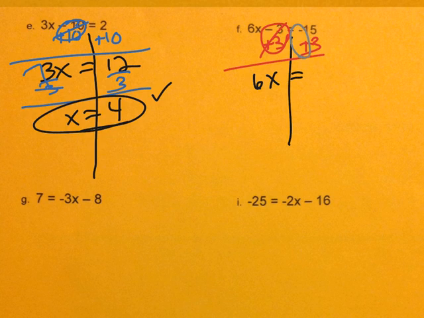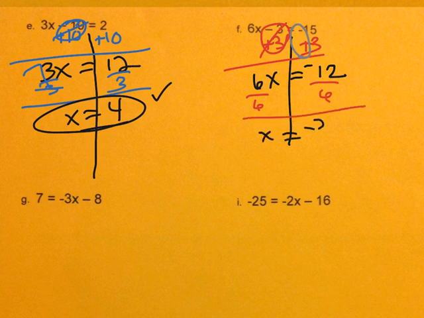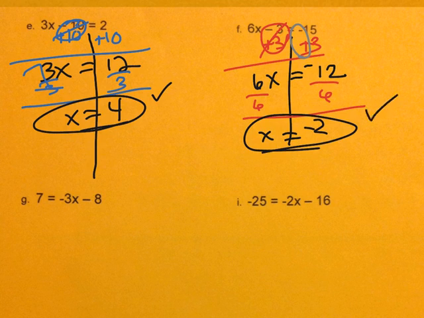So since they're opposites, I am going to subtract. 15 minus 3 is 12, and I had more negatives than positives, so it's going to be negative 12. Then I'm going to divide both sides by 6, and that leaves me with x equals negative 2. 6 times negative 2 is negative 12, and negative 12 minus 3 is indeed negative 15, so I know that it works out. Letter G, drop my line.